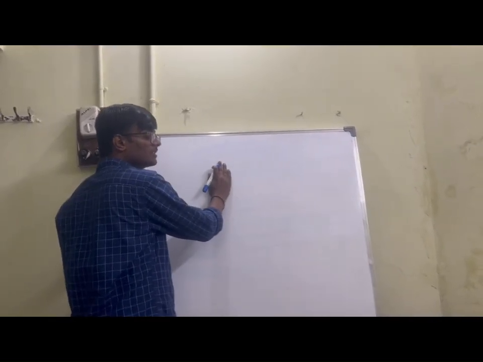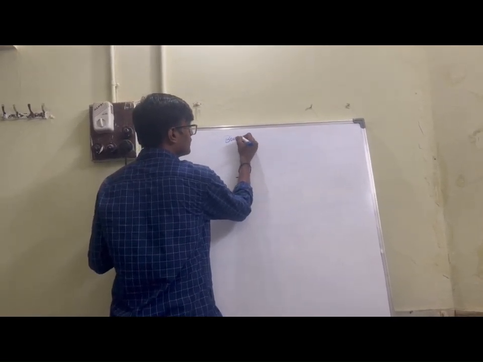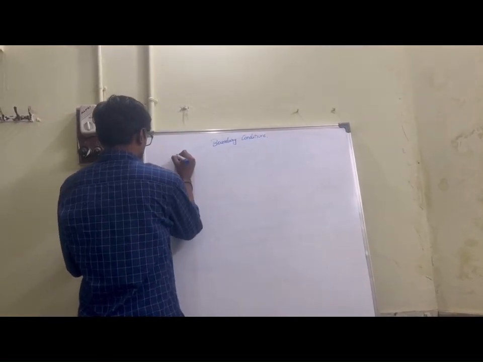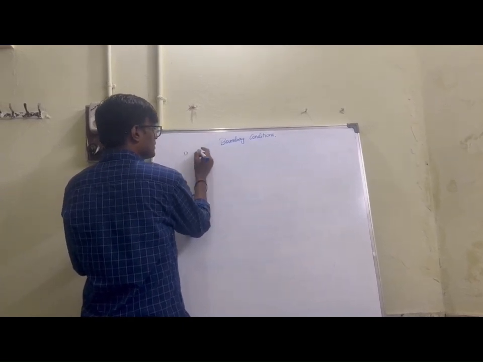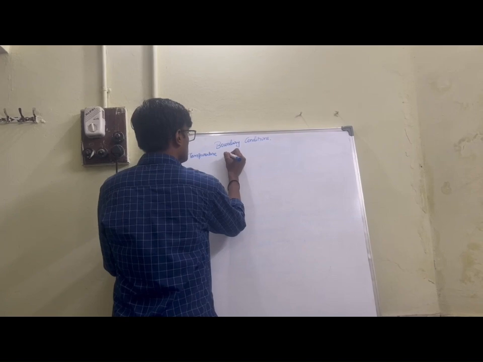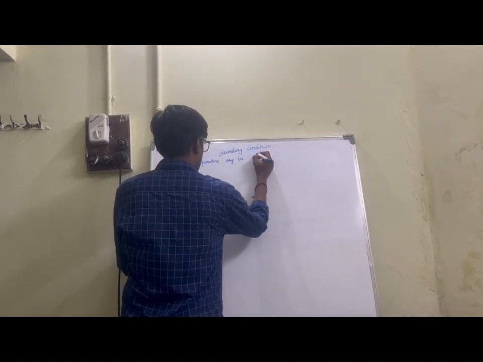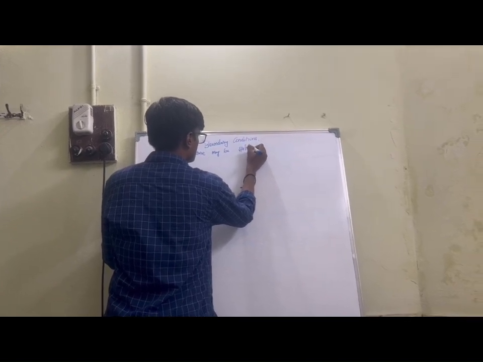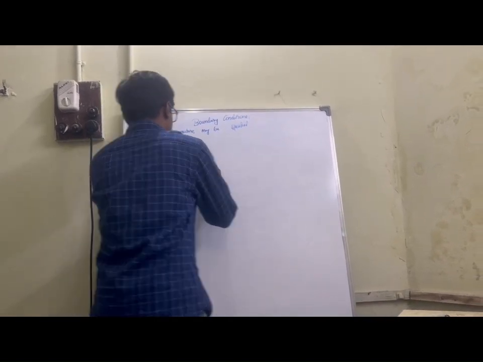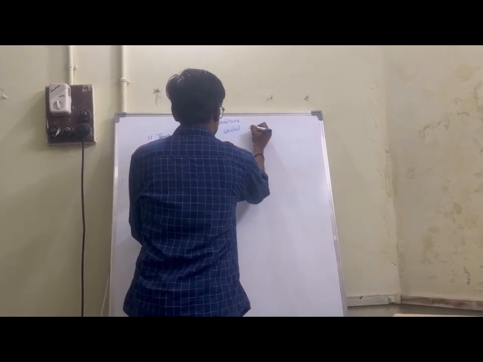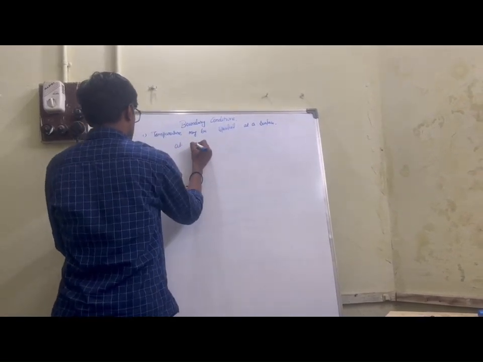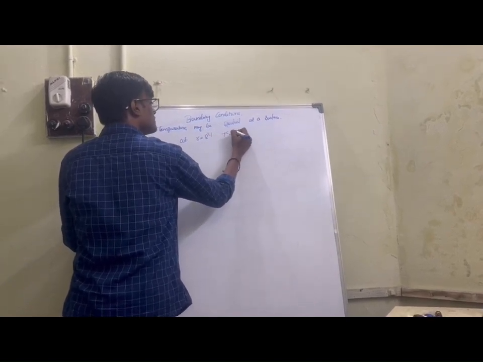Previously we were discussing the boundary conditions. The first one is that the temperature may be specified at a surface: at R equal to RC, TC is equal to T naught.